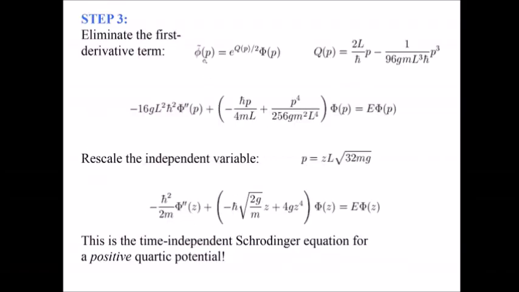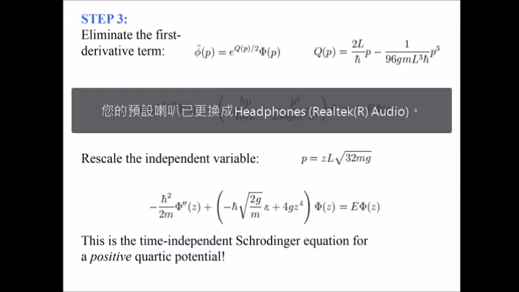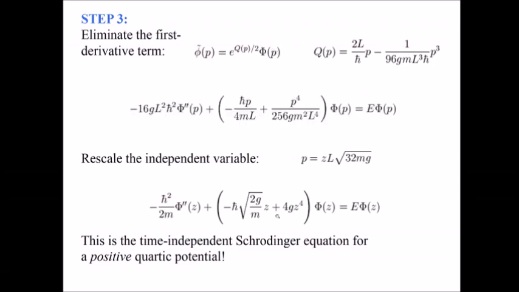I'm going to replace the dependent variable by this expression times another function, where this expression dependent Schrodinger equation for, notice, a positive quartic potential. So do you understand what I'm saying?